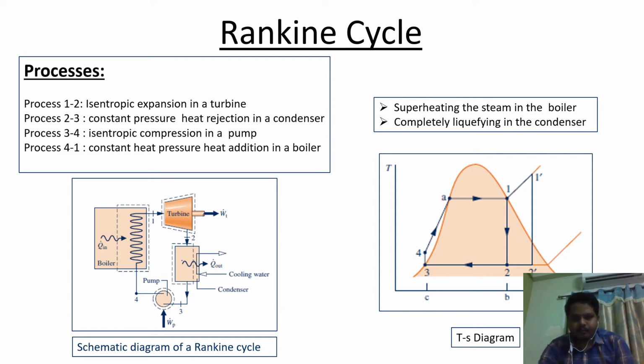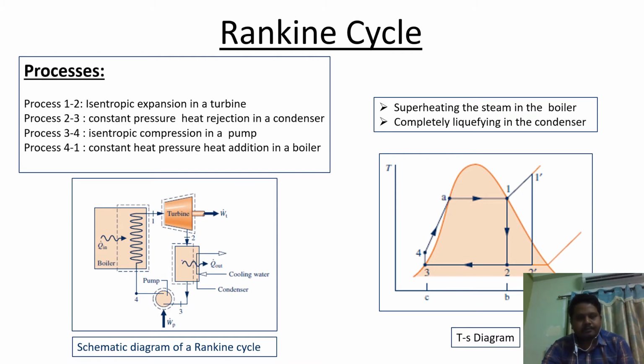Before discussing the TS diagram, let us see the process. This is the schematic diagram of the Rankine cycle. Here again the four main components are the turbine, condenser, pump and boiler. The steam from the boiler enters the turbine. When it passes through the turbine, the steam expands and enters the condenser.